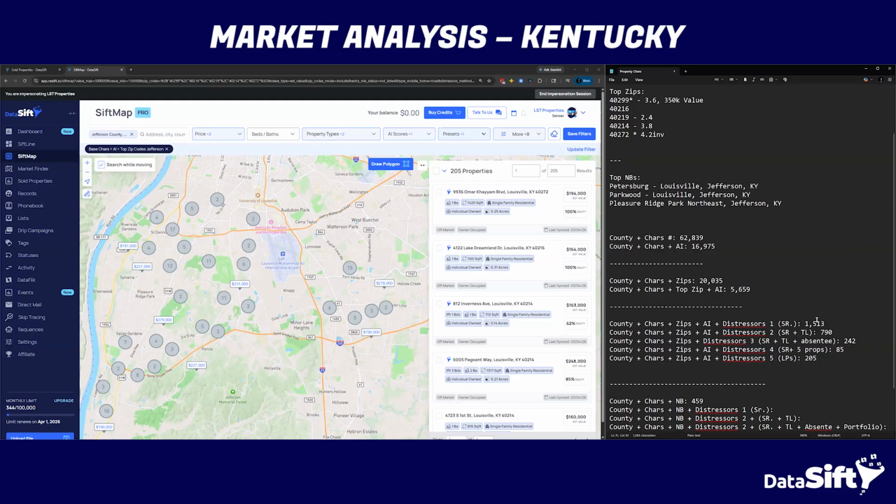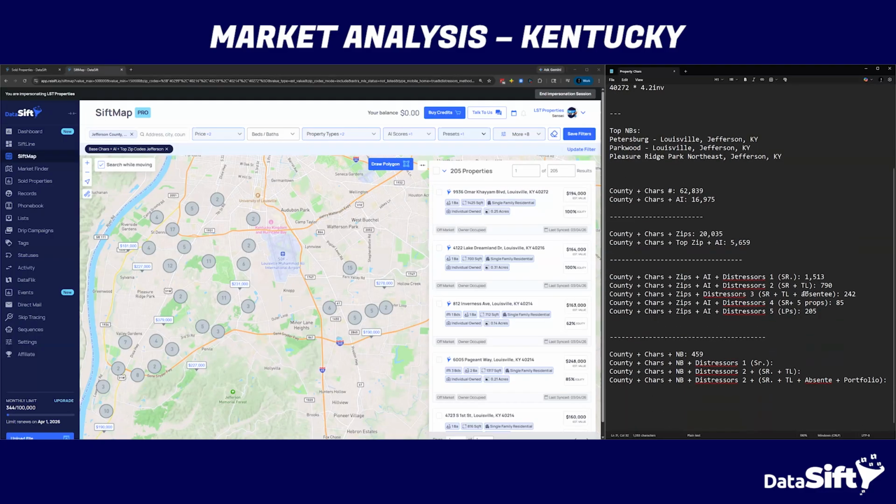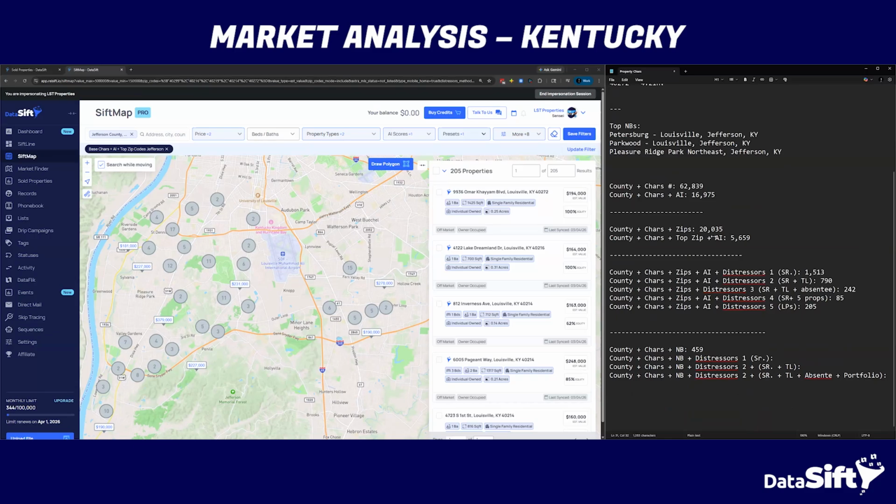Where are the best zip codes, the best neighborhoods, and what is the reality that I can even really focus on these 5,600 deeply through direct mail, cold calling, deep prospecting?